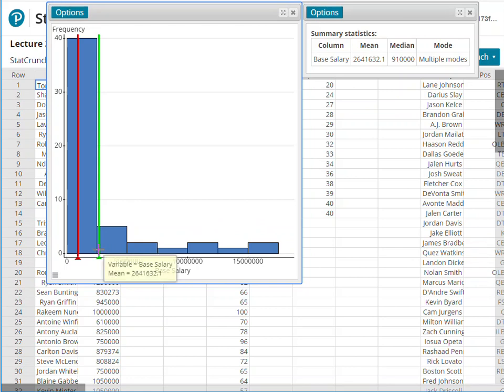So the mean moving to the right is indicative of a skewed right distribution because the mean is pulling towards those very large values. So this is the idea behind our mean, median, and mode, and what we're looking at when we think of the three measures of central tendency.